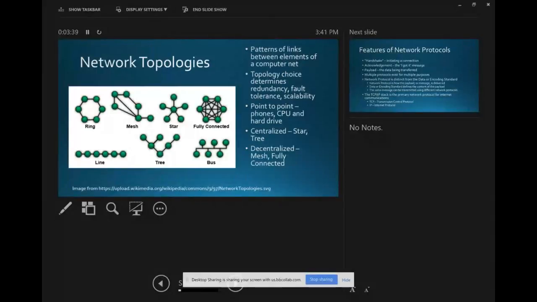To get more resiliency, typically you start doing some sort of centralized mechanism, such as a star, where there's a central node talking to a whole bunch of satellite nodes, or a tree, where you have one node branching out to talk to various leaf nodes.